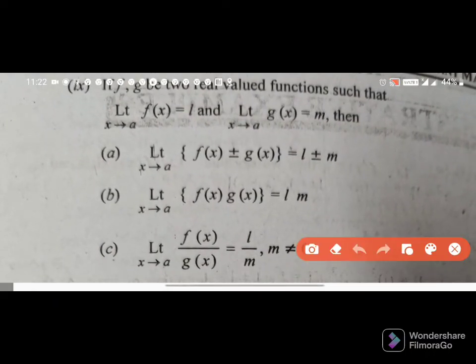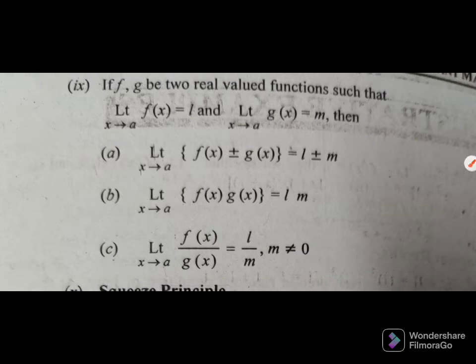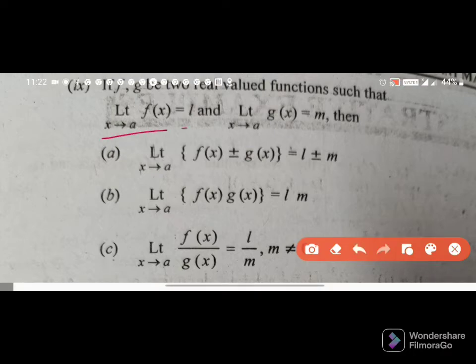Next, if f and g are two real valued functions and the limit of f(x) is L and the limit of g(x) is m, then the limit of f(x) plus or minus g(x) is L plus or minus m.